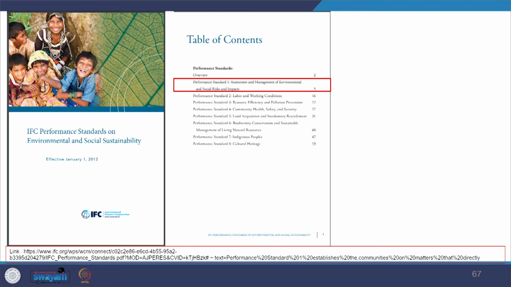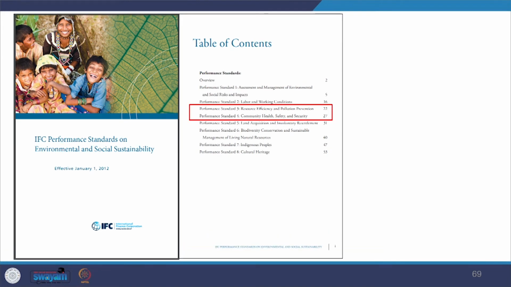Standard 1 provides assessment and management of environmental and social risks and impacts. It provides guidelines on climate along with the other issues we see here. Likewise, performance standard 3 covers resource efficiency and pollution prevention. That further provides input on greenhouse gases, and how that has to be tackled.